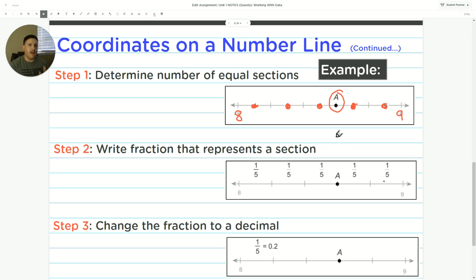We don't have a clear defined reference for what that decimal point will be, but we can do some quick math to figure out where it could be located. Okay, and we use these tick marks to do that. All right, so first thing we're going to do to figure out where A is located is count the amount of spaces we have. And we do that by looking at the tick marks.